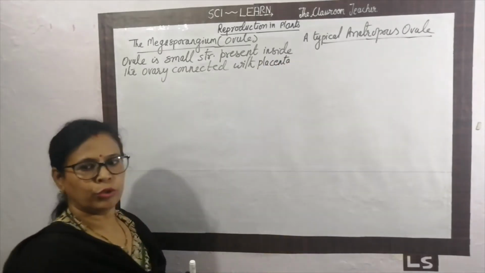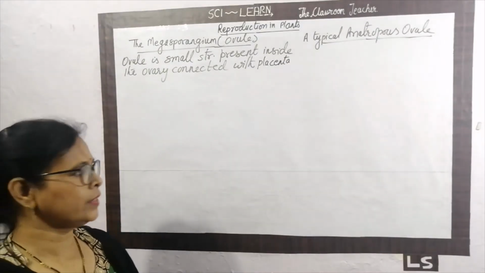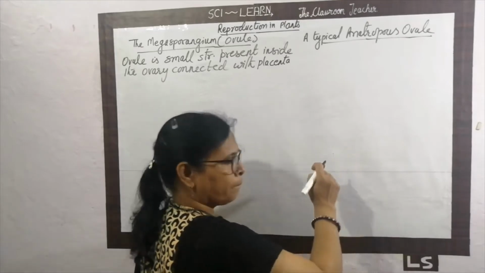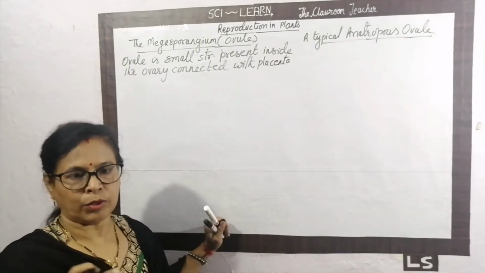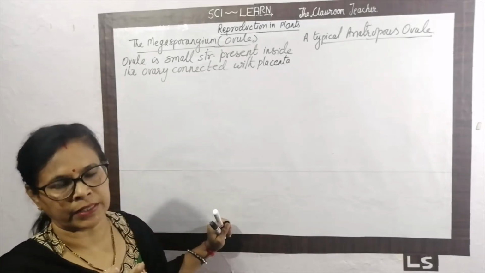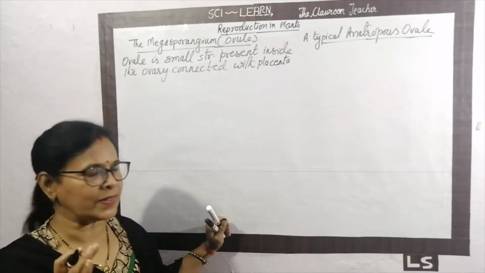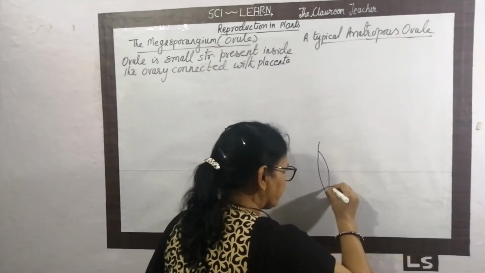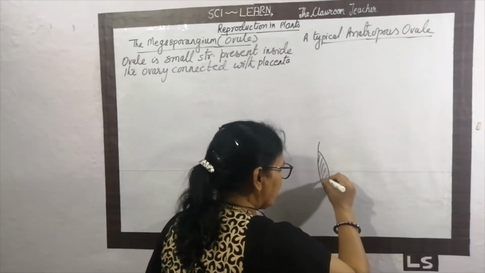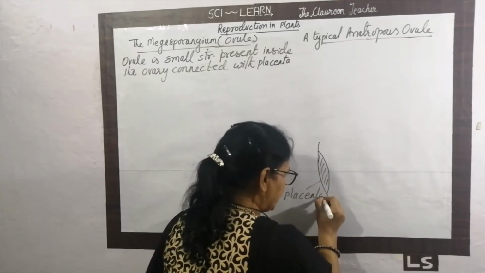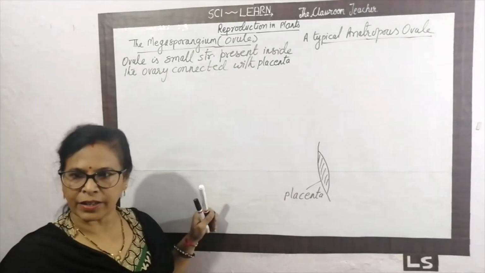Okay, let's move towards the diagram. There are two ways of drawing the diagram, in an upward direction or in a downward direction. But labeling is important. You have to concentrate on the labeling only. This is the part we call the placenta, present inside the ovary.